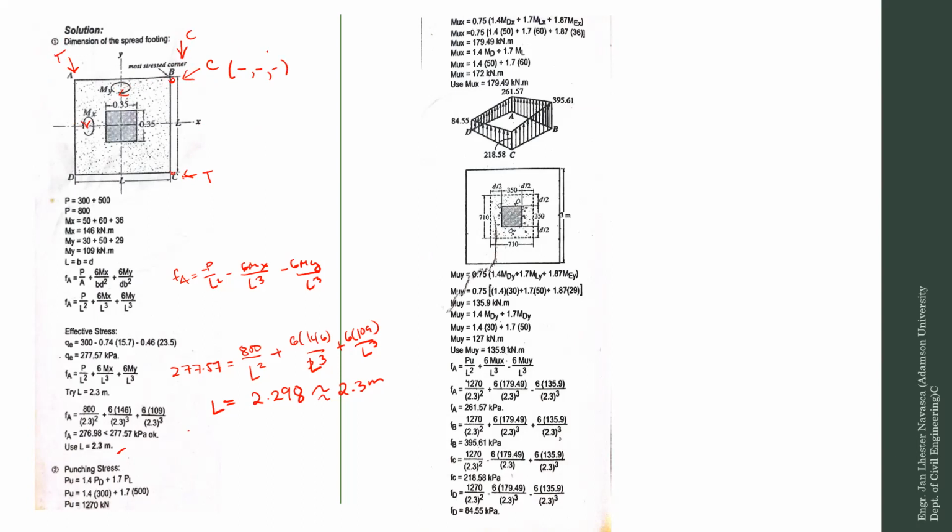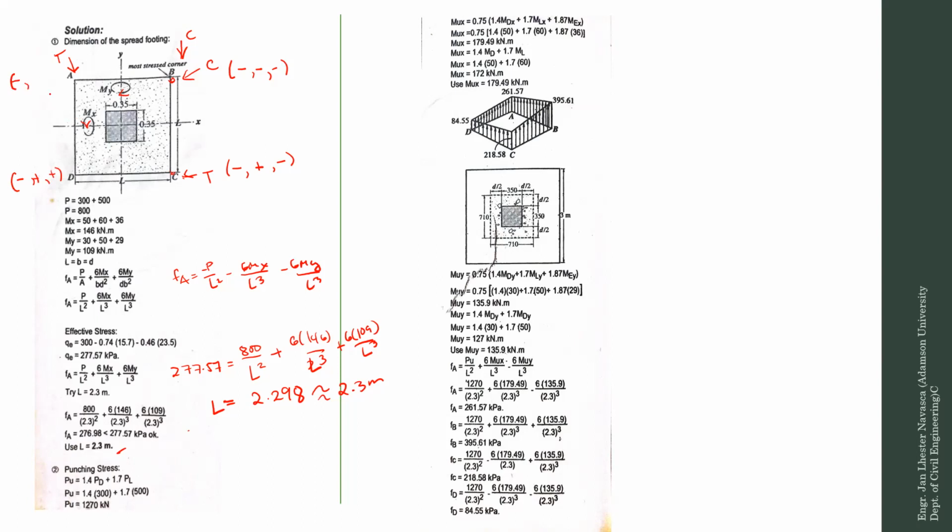Negative sa force, negative sa X, negative sa Y. Dito naman, negative for the force, P over A. Then also, tension siya sa X. But, compression siya sa Y. This time sa point D, ito ay negative siya sa X. Also positive siya sa bending in X. But also it is positive in the bending in Y. And this time, itong isa, this is negative in pressure, force over area.